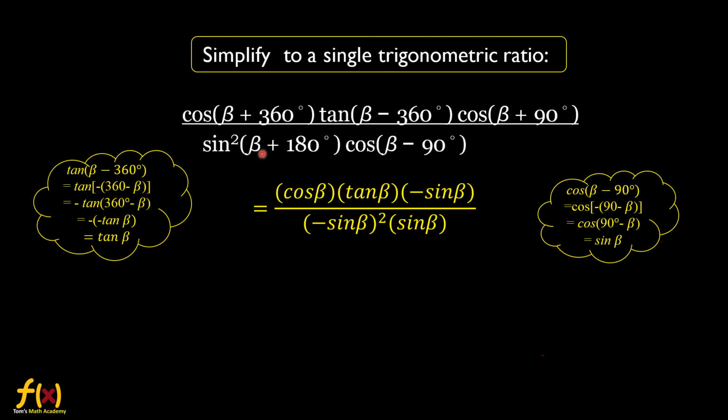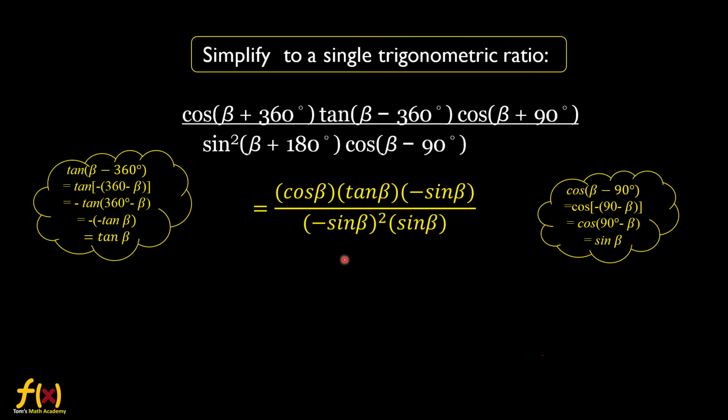Look at this one, sine square. So you take it as sine first, sine 180 plus. Which quadrant is that? 180 plus, third quadrant, where it is a minus sign. Then you square it. We have already discussed that. And here again, beta minus 90 becomes 90 minus beta, and we get sine beta there.